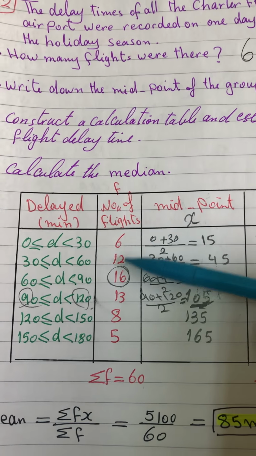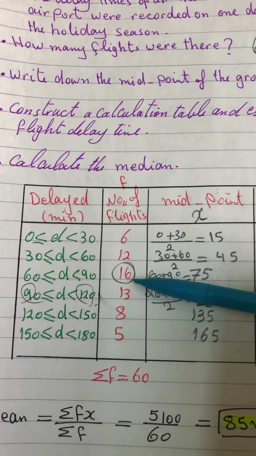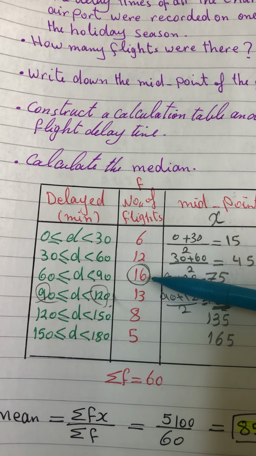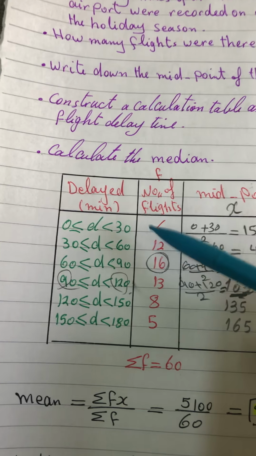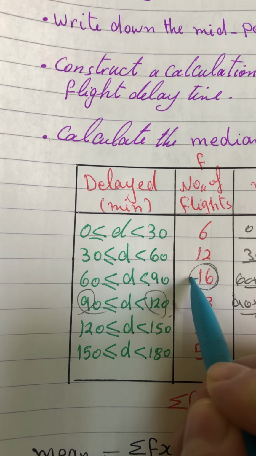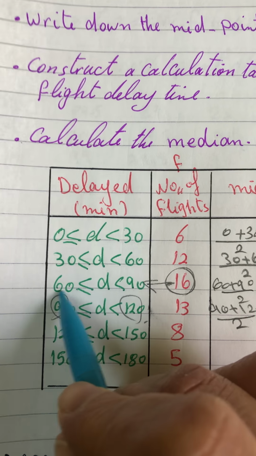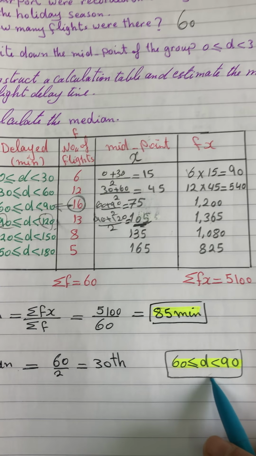I have 6 and 12 equals 18. 18 plus 16 equals 34, and I want 30. So the 30th is found in this group, whose frequency is 16. But what is the group? D is greater or equal to 60 and less than 90. So this is the median.